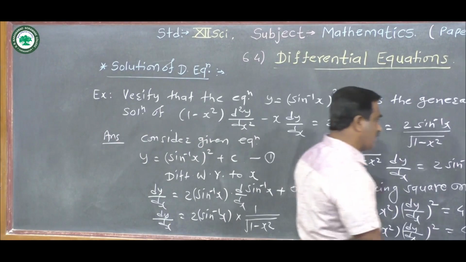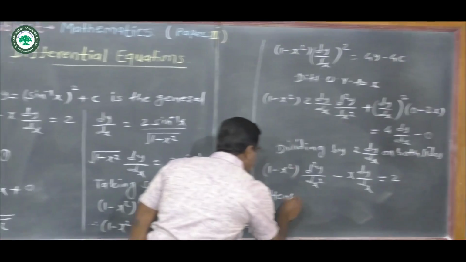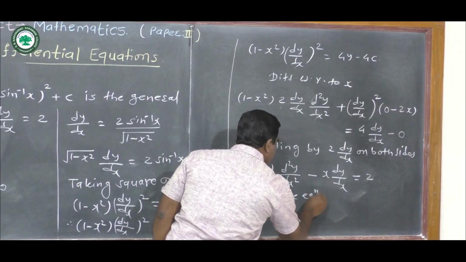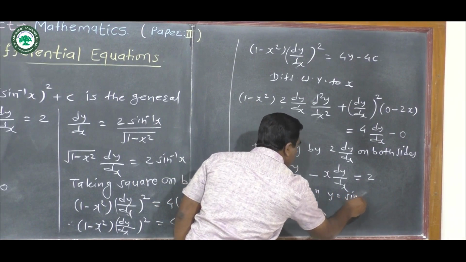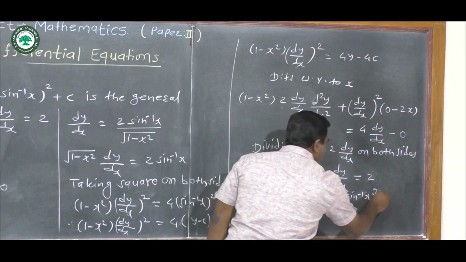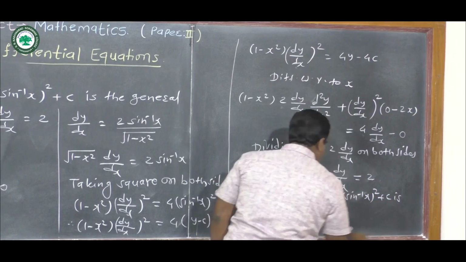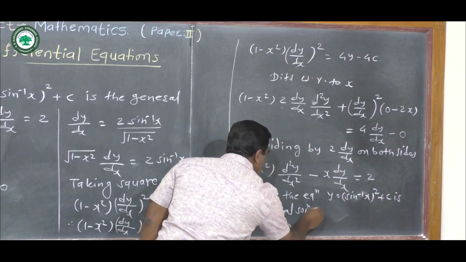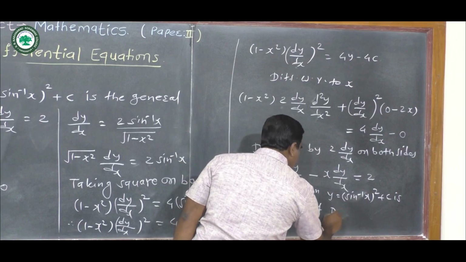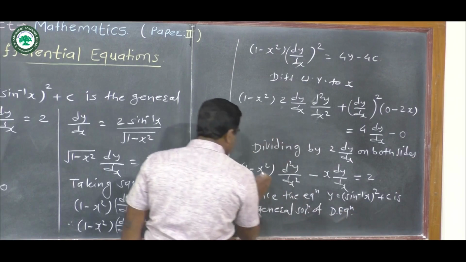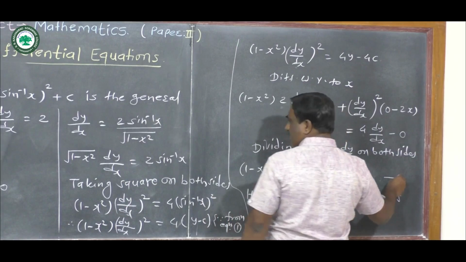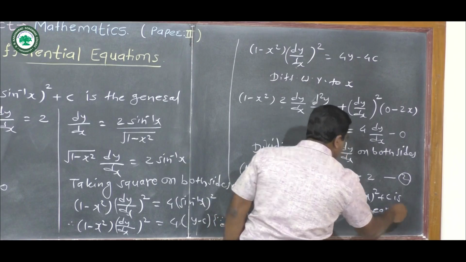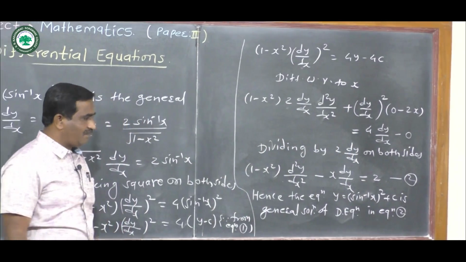Okay, we can write here, hence the equation y equal to sin inverse x bracket square plus c is the general solution of the differential equation in equation 2. Okay, this is the answer for this example.